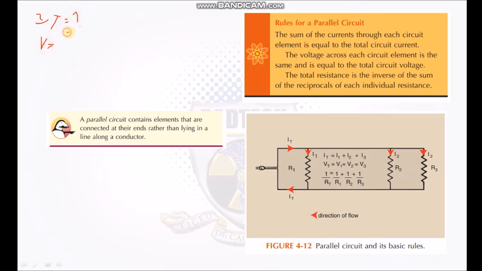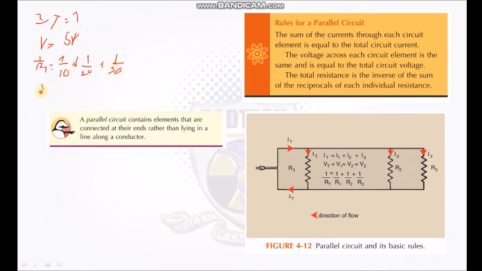Volts equals 5 volts. Then you have R. 1 over RT is equal to 1 over 10 plus 1 over 20, then plus 1 over 30. We simply have to compute for this.